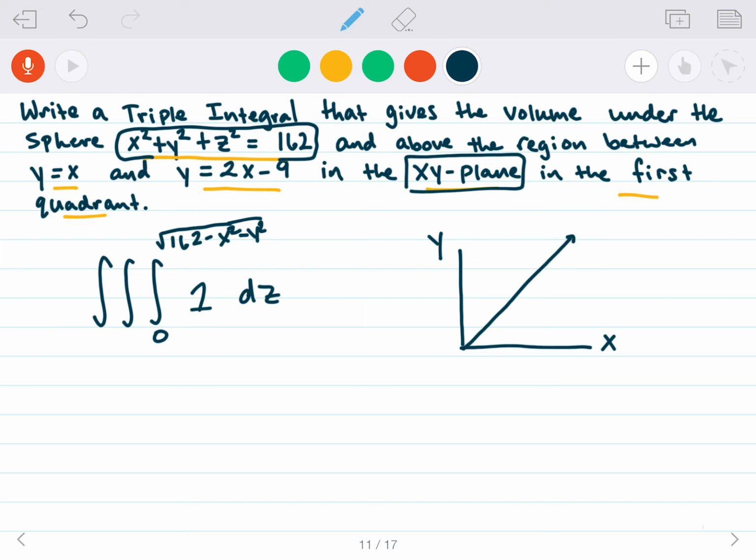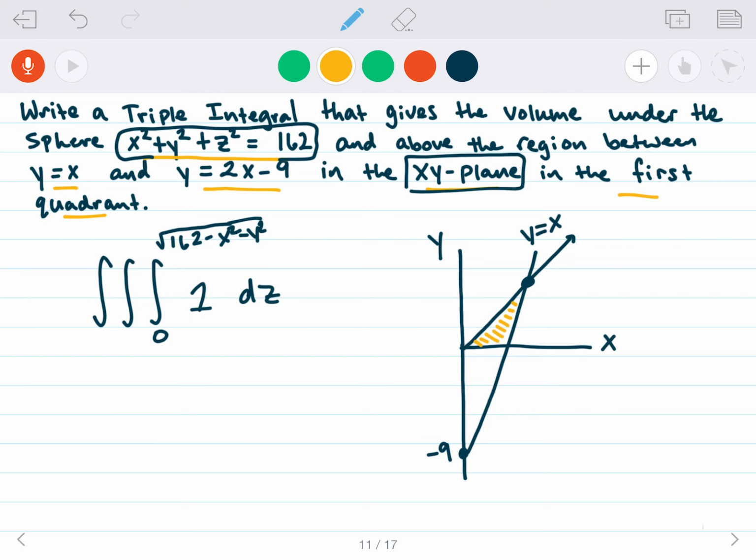And then y equals 2x minus 9 is going to have a y-intercept of negative 9, so maybe right here, and it's going to have a slope of 2, so it's going to be slightly steeper. These guys are going to meet somewhere in quadrant 1. So we're looking at this region. This is the region we're concerned with because it's in quadrant 1 and it's bounded by those 2 lines.